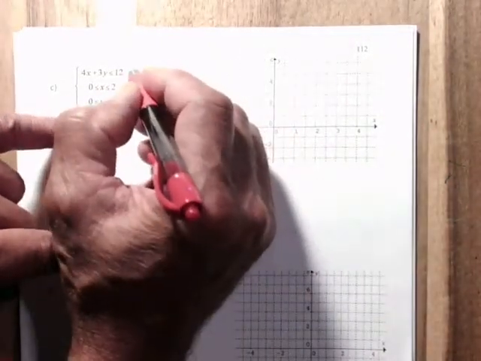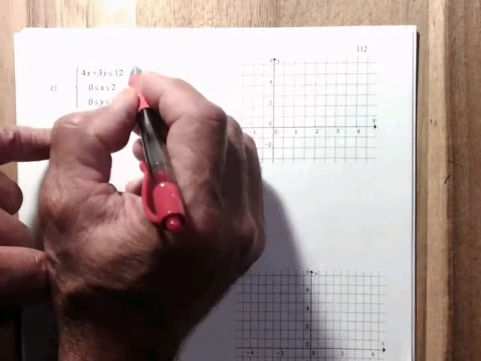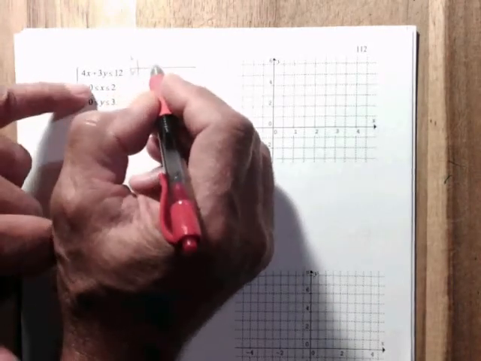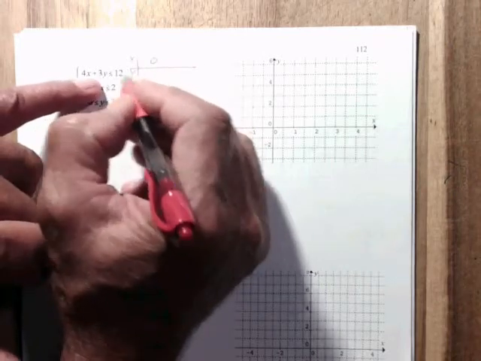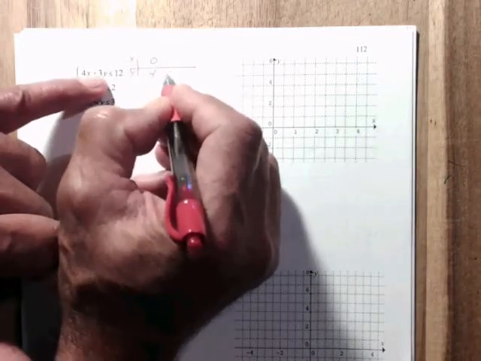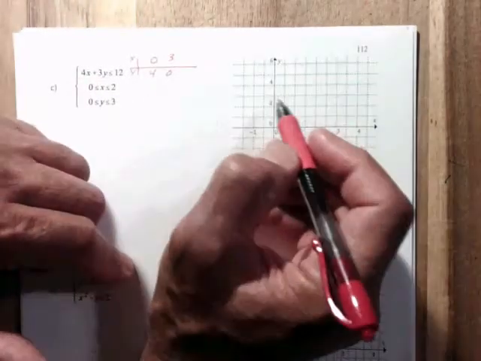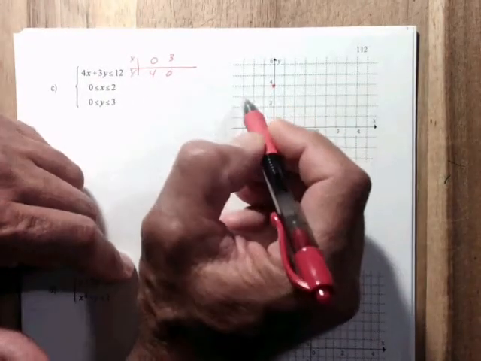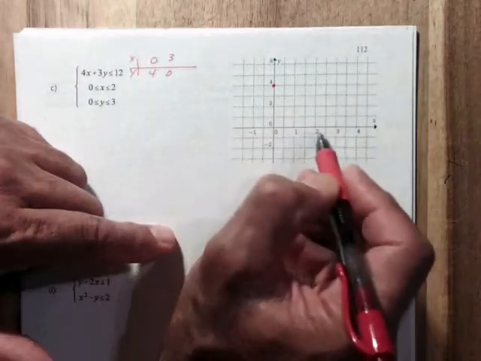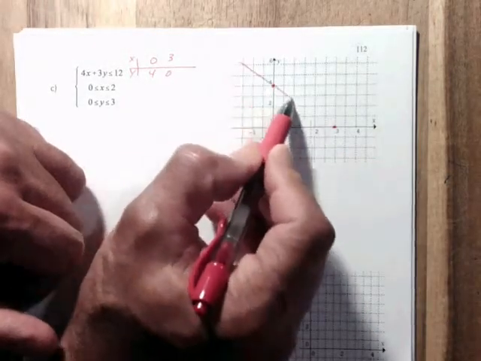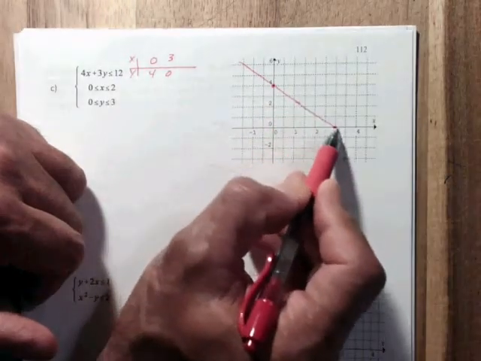for this one, for the line L1, put x equal to 0, then y equal to 4, put y equal to 0, you get x equal to 3. So 0, 4 is right there. 3, 0 right here. So this is the line.